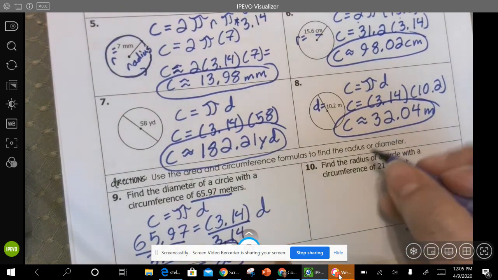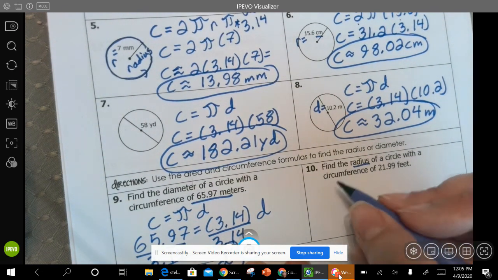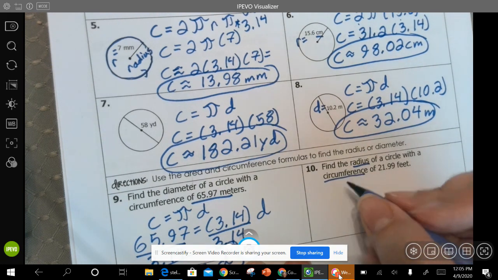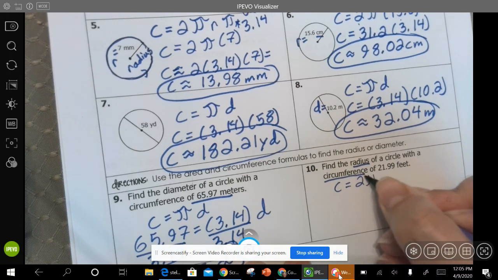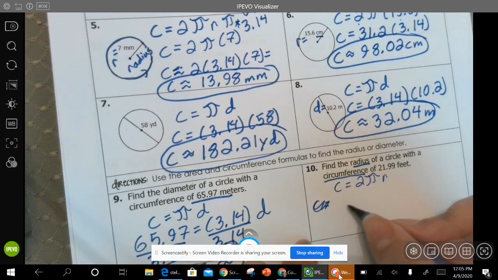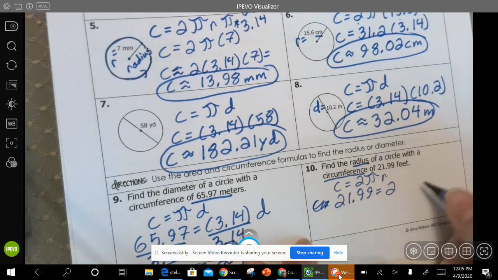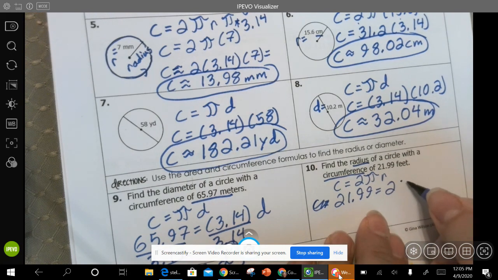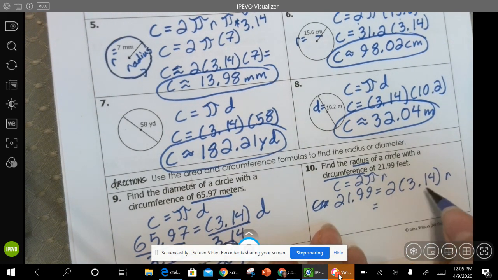Okay, this one says find the radius. So I'm still going to substitute in circumference. We're going to use this formula, circumference is equal to 2 times pi times r. So I'm going to substitute those in, so 21.99 is equal to 2 times pi. Okay, so 2 times 3.14.